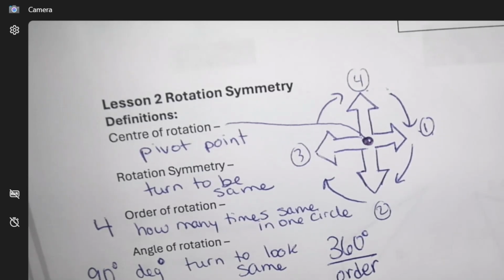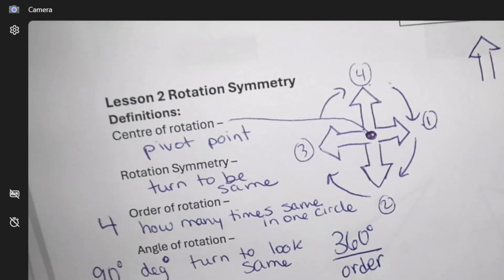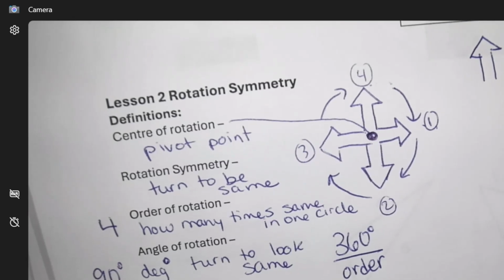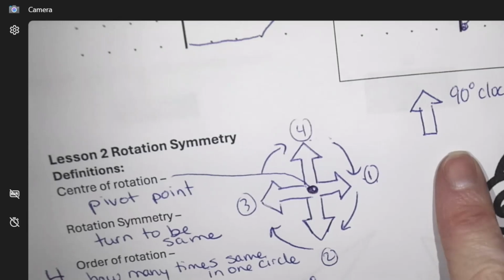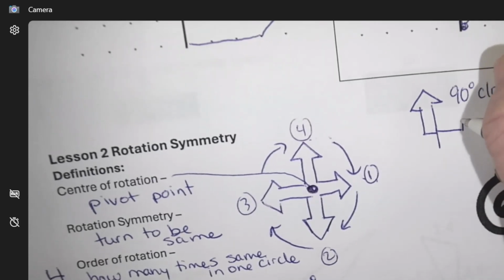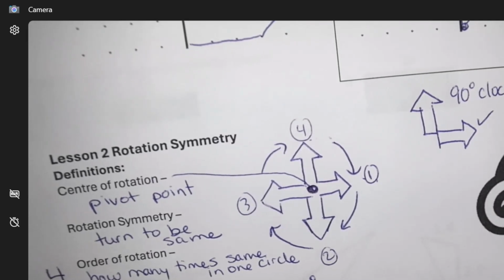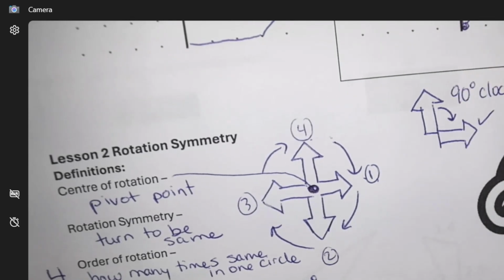Do you also know this? Because I might do this on the test, wink wink. I might give you the direction, clockwise or counterclockwise. Do you know what that looks like? If you had that shape, what would it look like to turn it 90 degrees clockwise? Turn it to the right, that way. Then it would look like that. This is clockwise.